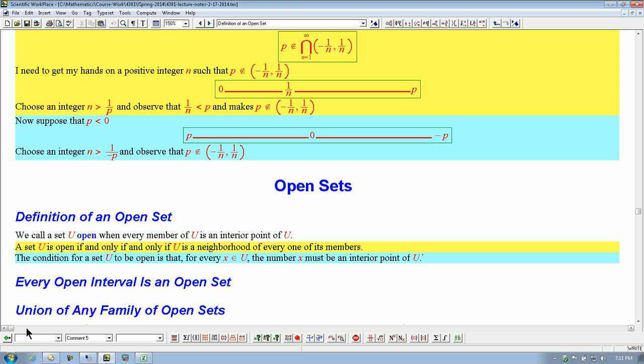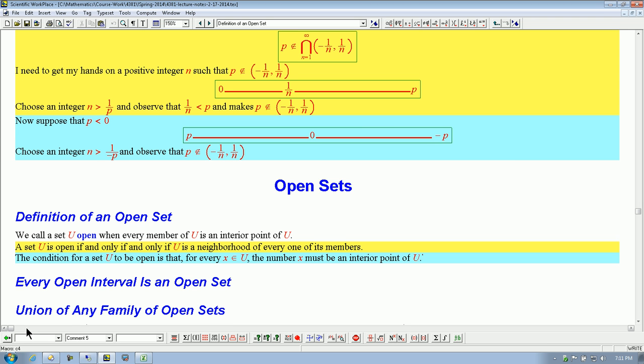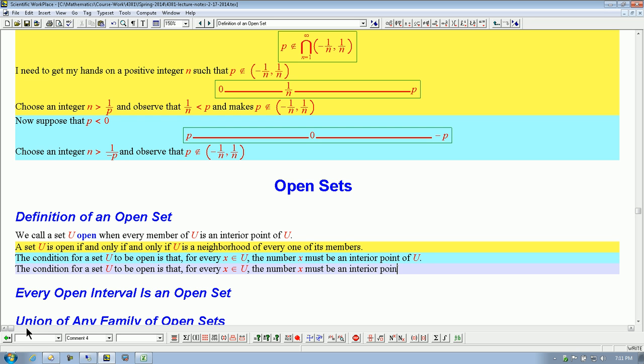I'll say it yet again. A set U will be open when what? The condition for a set U to be open is that for every number x in U, x must be an interior point of U.